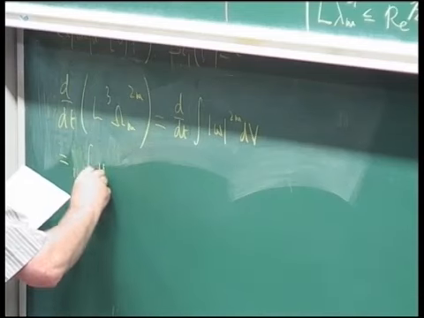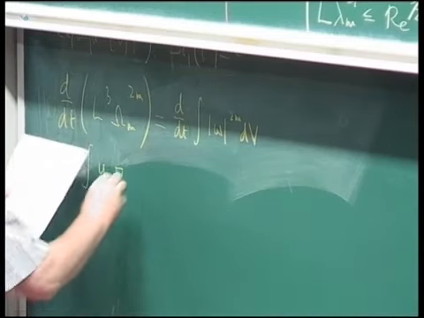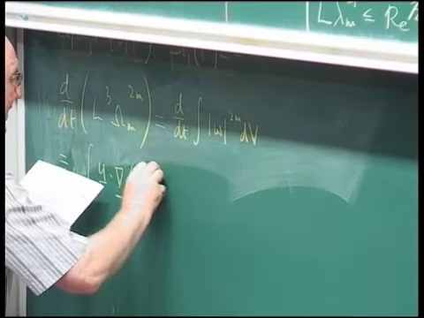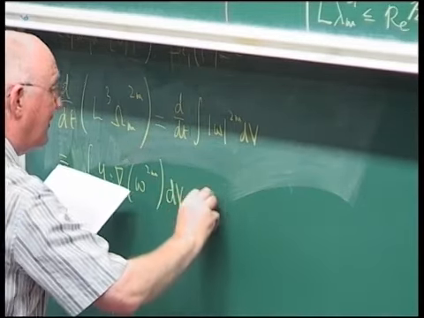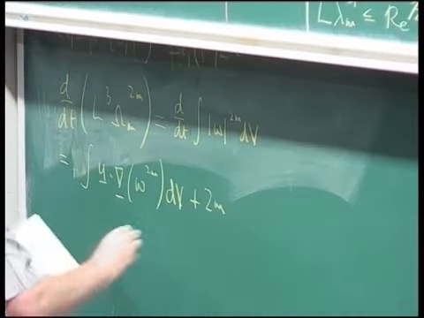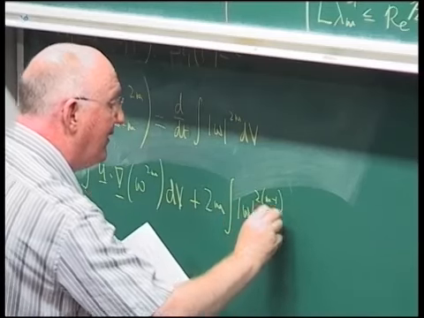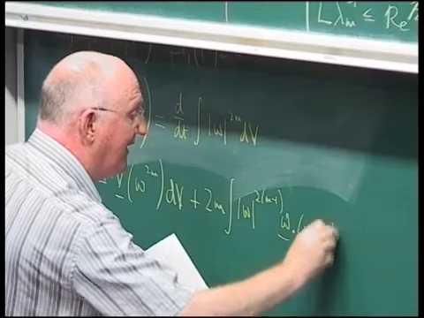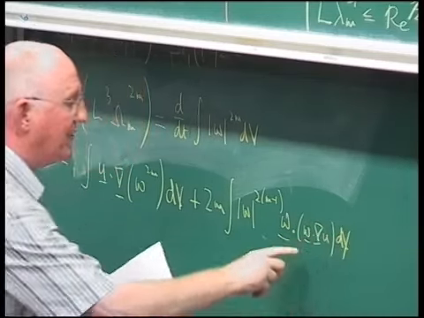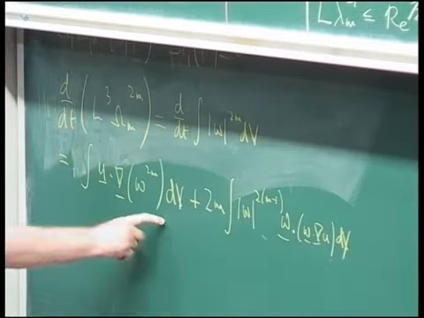It actually comes out to be u dot grad of omega to the 2m dV plus 2m omega to the 2m minus 1 omega dot grad u. So there is my vortex stretching term, and here is my u dot grad omega.